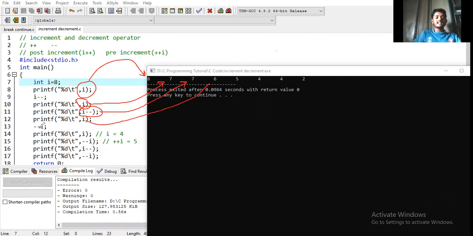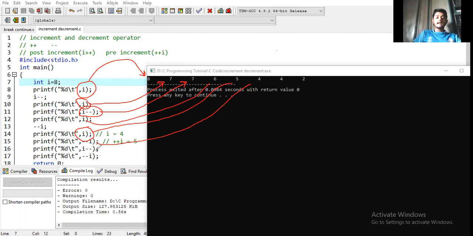And after that --I, that means 6 will be decremented by 1. So now 5 is stored within I, and then I is printed here. So 5 is printed. Now --I is over there. That's why first 5 will be decremented by 1 and then it will be printed. So that's why 4 is printed.